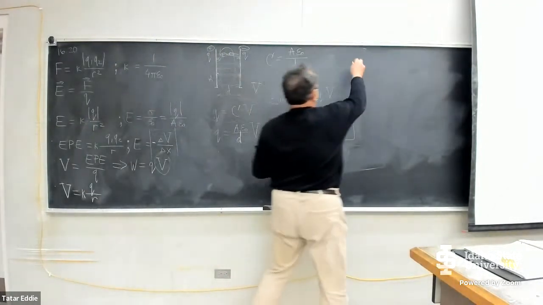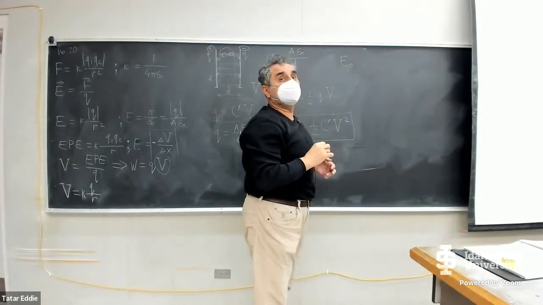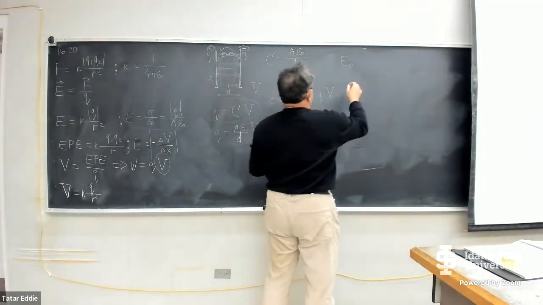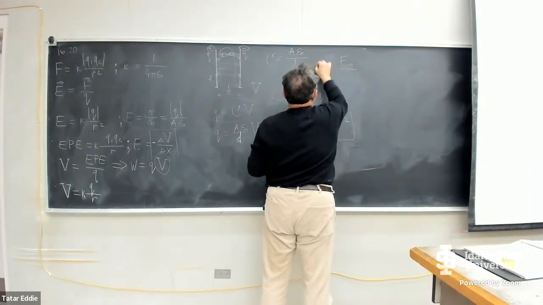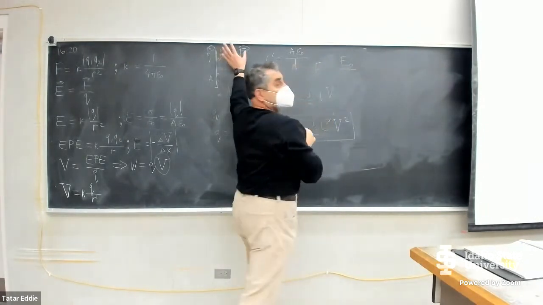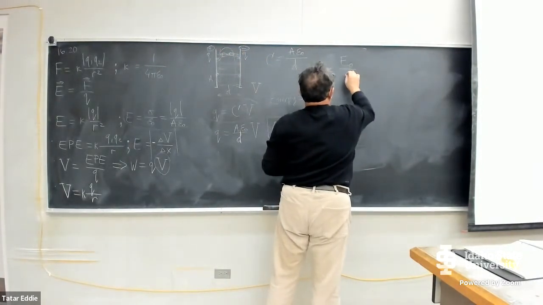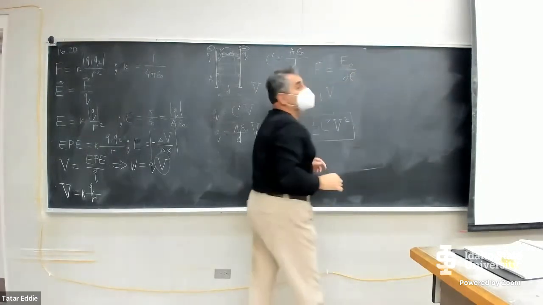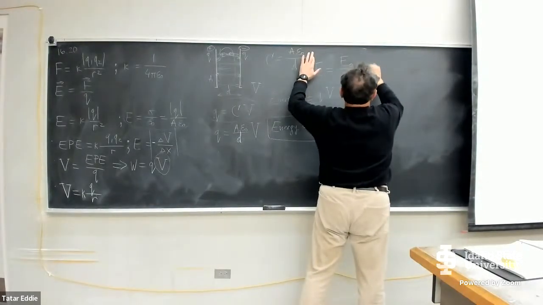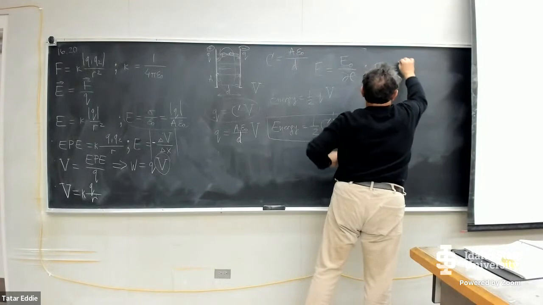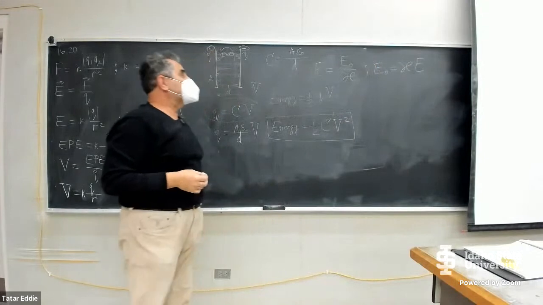So if the electric field when you have air between the plates is E naught, and the electric field when you place the dielectric material is E, then E naught is equal to kappa times the net electric field when you have a dielectric.